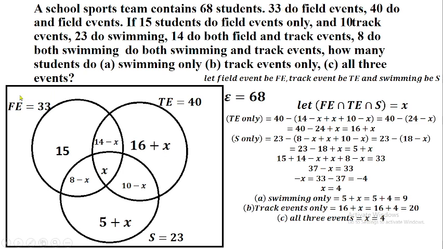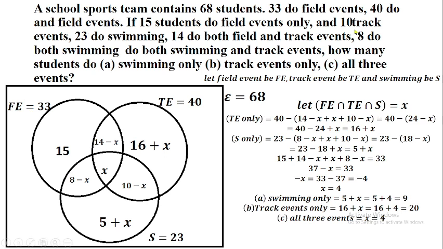That means there's a set field event. Let field event be FE. So wherever you see FE represent field events. So 30 do field events, which means you have 30 elements in field events.